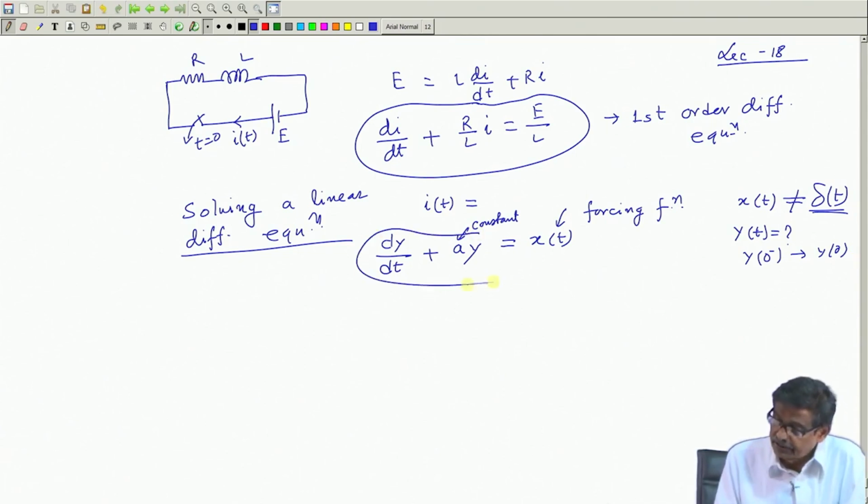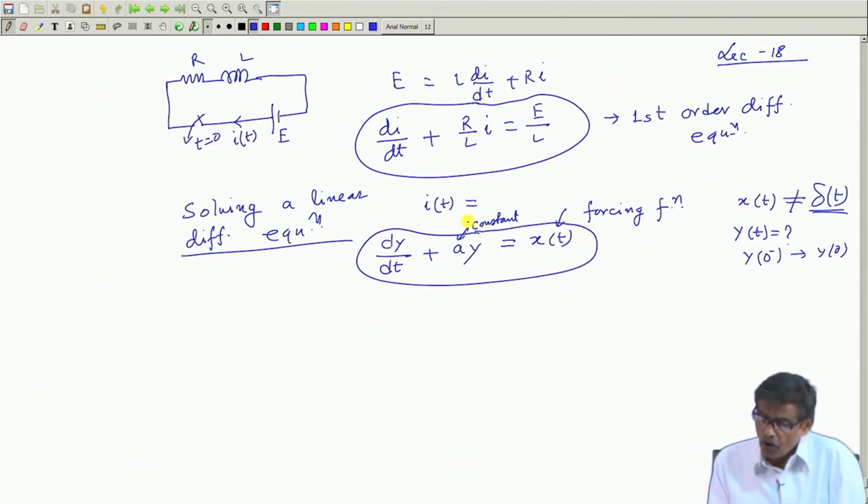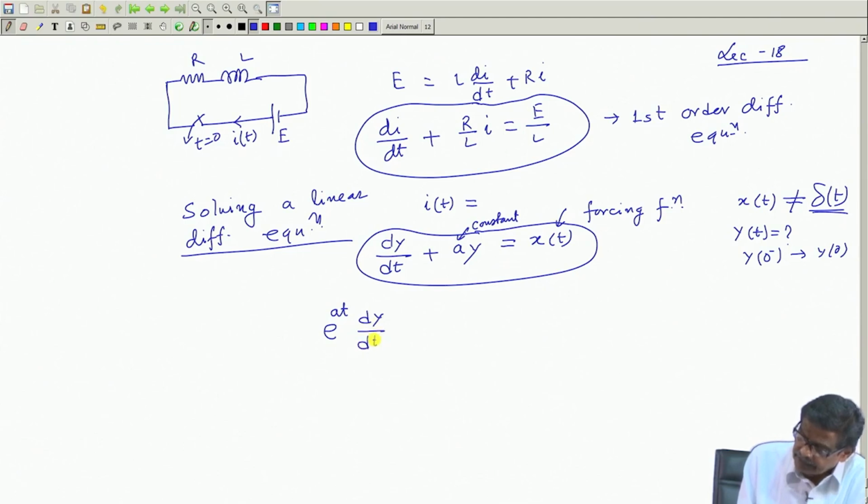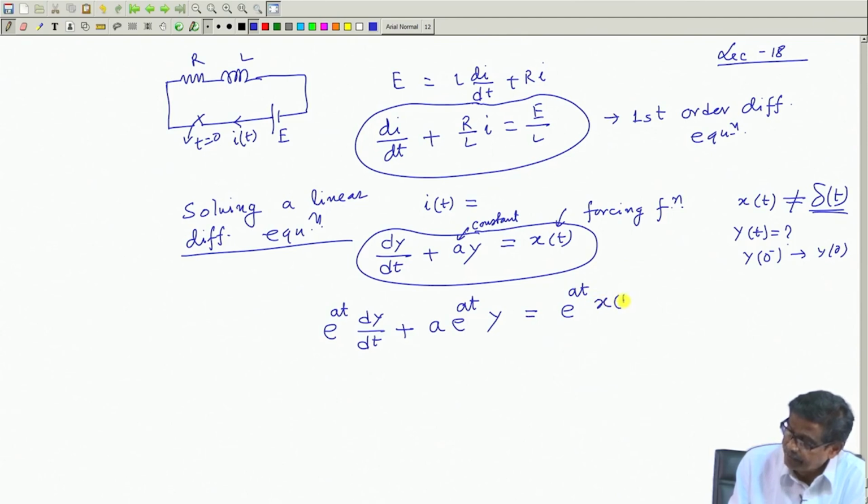This differential equation I have to solve. Here, of course, I will use that fundamental thing, that is, I will multiply both sides with the integrating factor e to the power a t. Very simple stuff, but very educative. So, e to the power a t into dy/dt plus a e to the power a t into y is equal to e to the power a t into x(t). x(t) could be a function of time, as I told you.